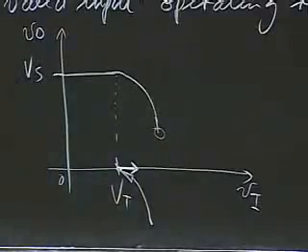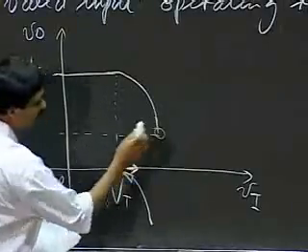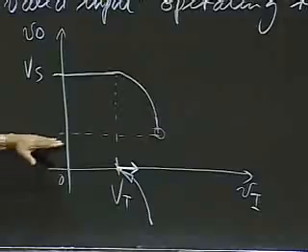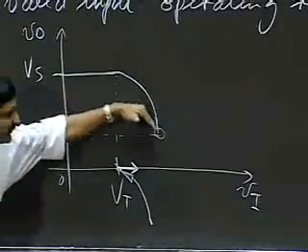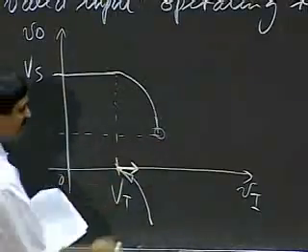Somewhere at that point, not quite sure what that point is, as this keeps falling down, my output voltage V naught goes lower than one threshold below Vi. Okay, and at that point it goes into its triode region, and I need to find out what that point is.